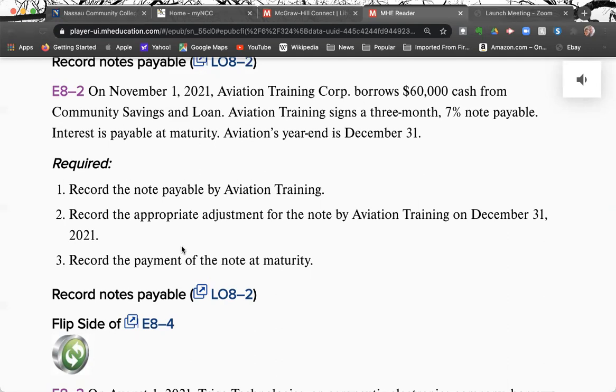What do they want us to do? Record the note payable. Record the appropriate adjustment for the note on December 31st. In other words, accrue interest for how many months? 2, November and December. All right, and then pay back the note.